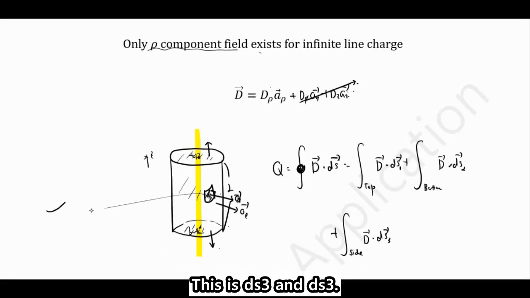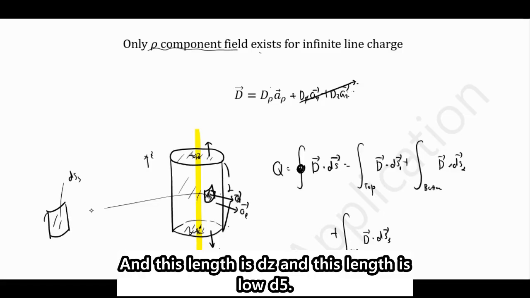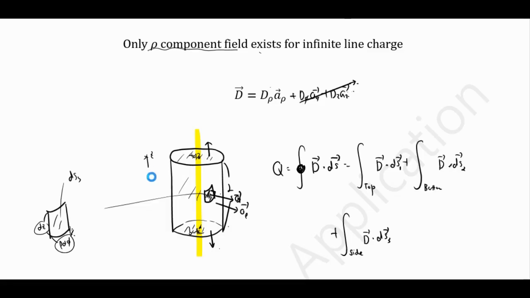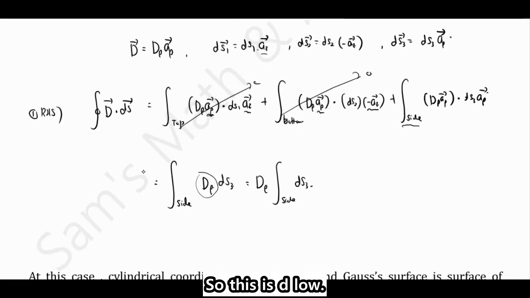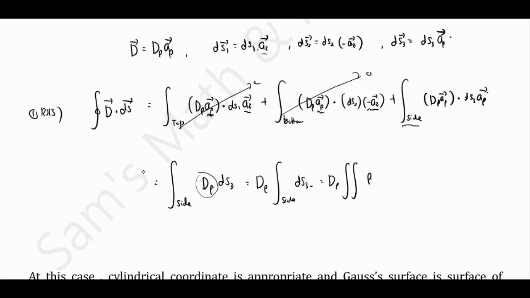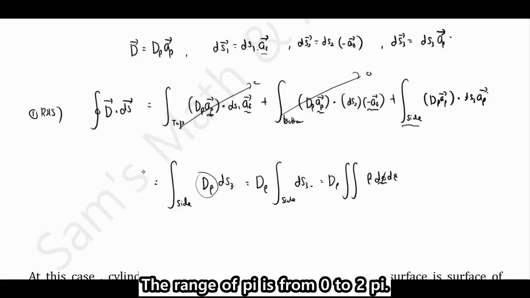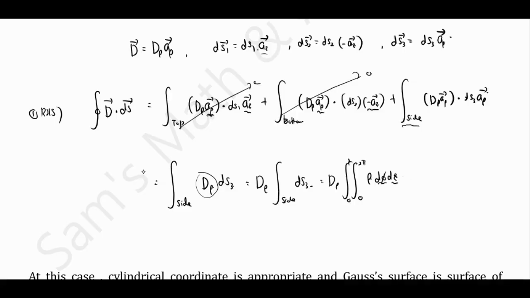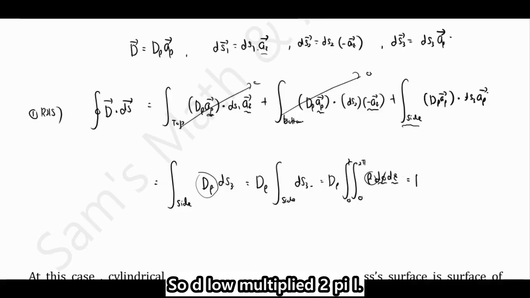This length is dz, and this length is rho d phi, and dS3 is dz multiplied by rho d phi. So this is rho, a double integral rho d phi dz. The range of phi is from 0 to 2 pi, and the range of z is 0 to L. Rho is also constant, so rho multiplied by 2 pi L.